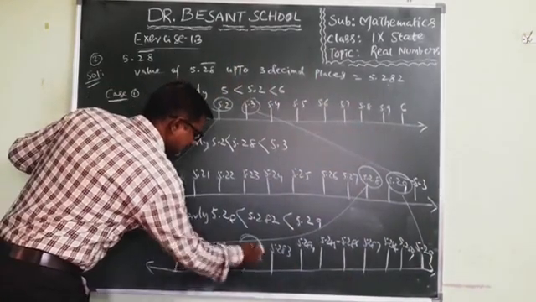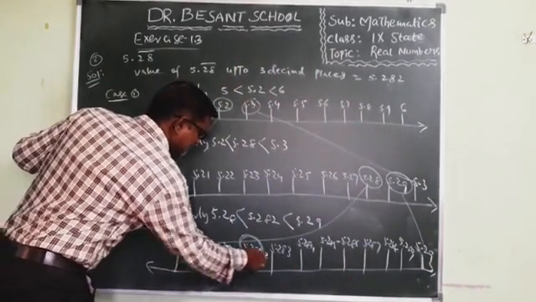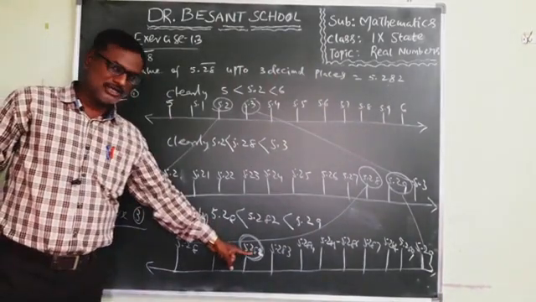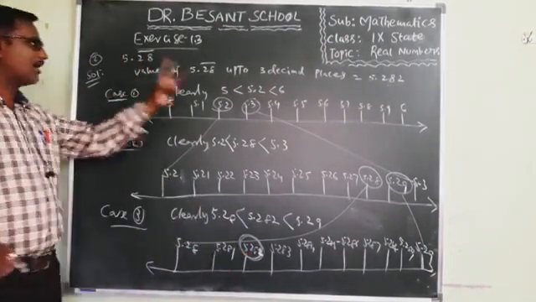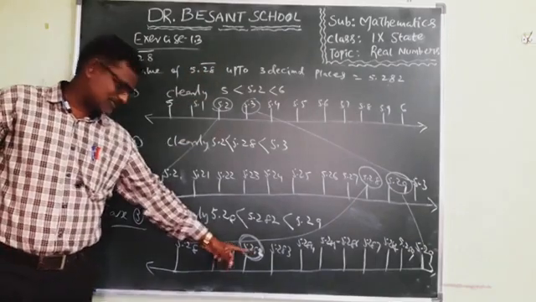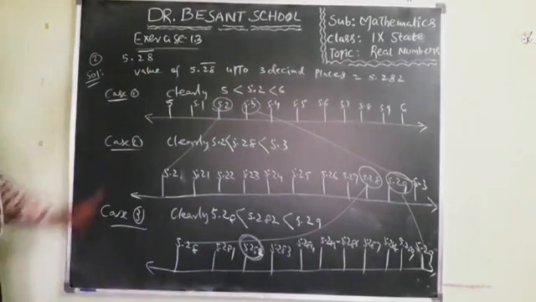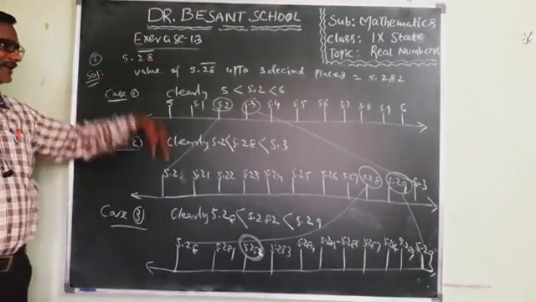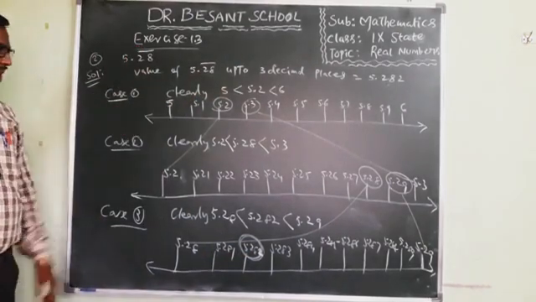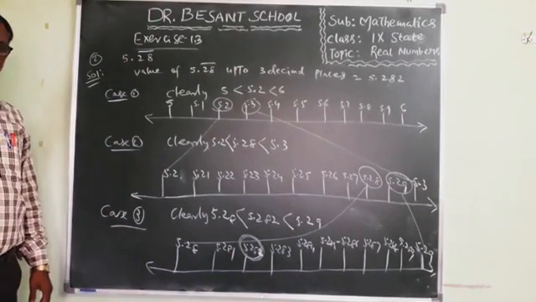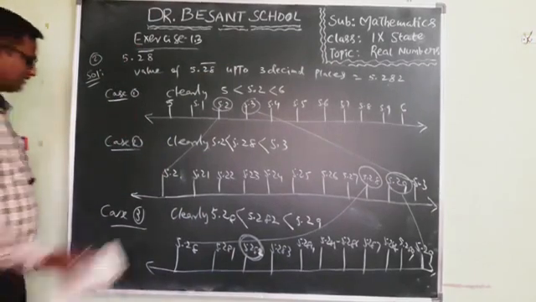This one, it is 5.282. So that is our value. 5.282 is the value of 5.28 bar up to 3 decimal places. You have to round off this, it is our final answer. So this is the way of representing 5.28 bar on the number line up to 3 decimal places. I hope that you have understood this solution. Okay children?